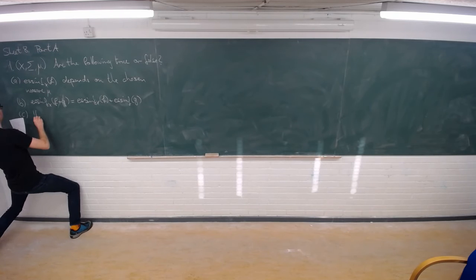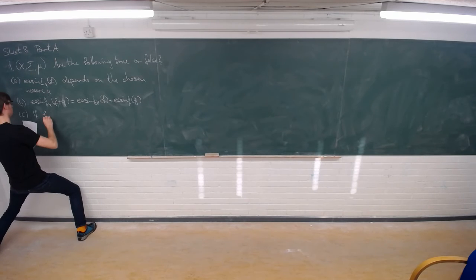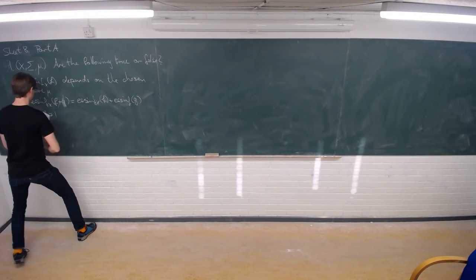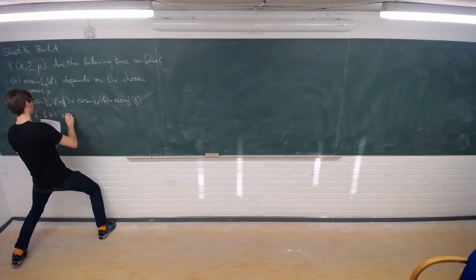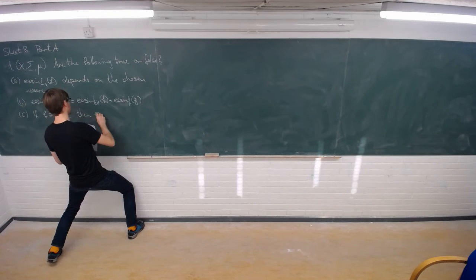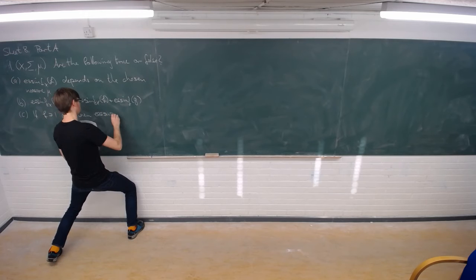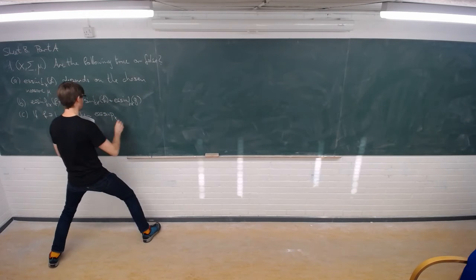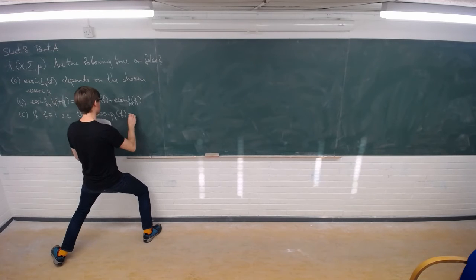C: if f is larger than 1 almost everywhere, then the essential supremum of f is also larger than 1.